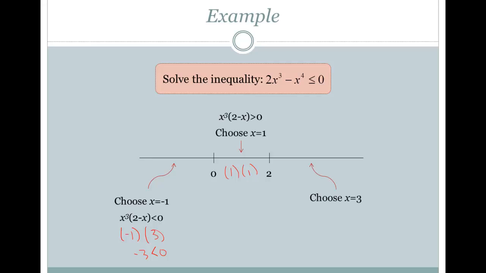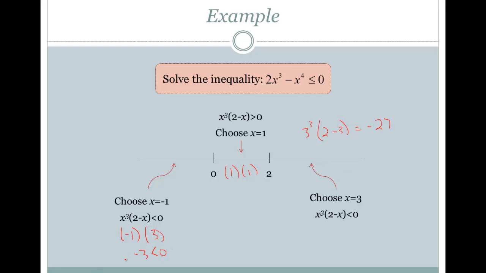So I'll choose 3. If I choose 3 out there, I get 3 cubed, which is 27, times 2 minus 3. It's going to give me a negative number, negative 27. And so there again, on this interval out here, I'm going to be true.